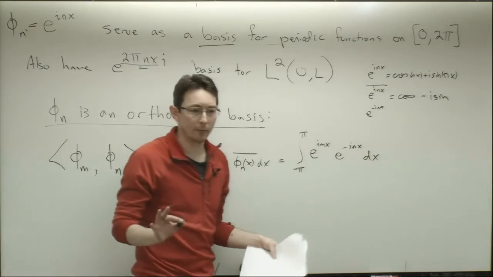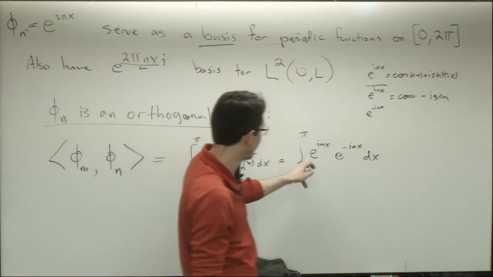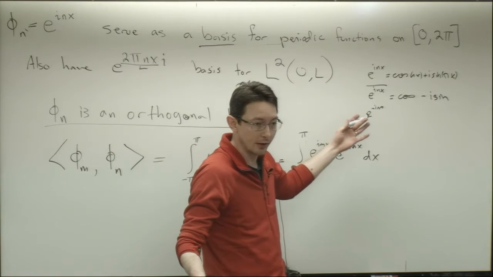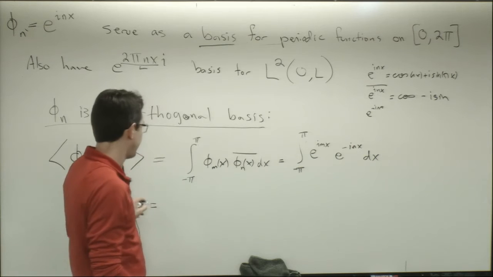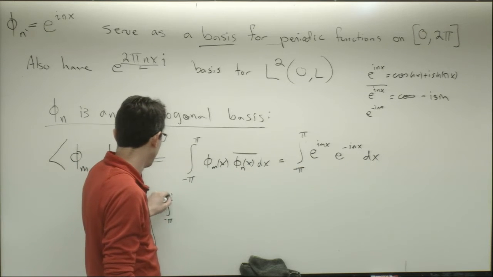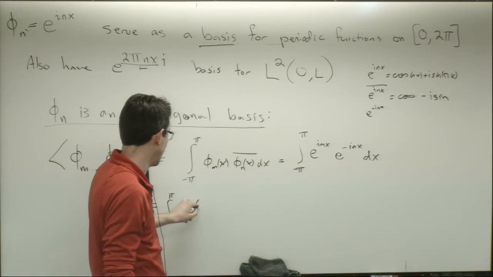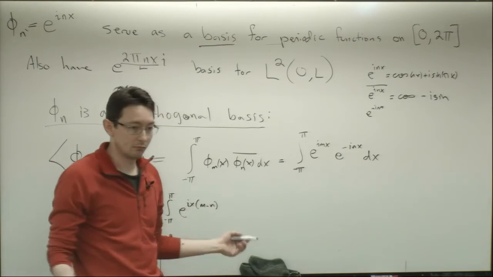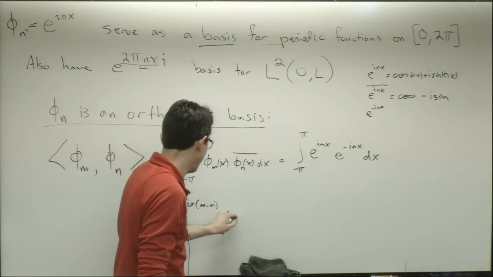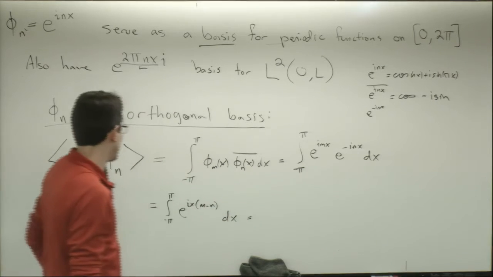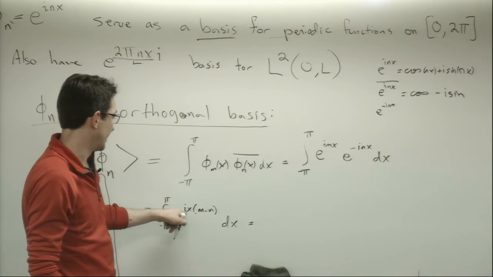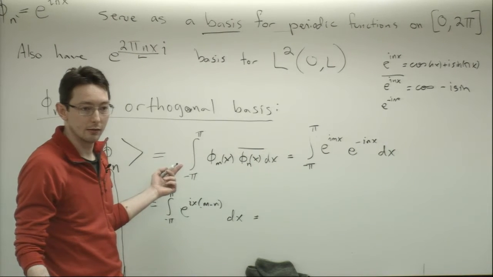This is actually really simple calculus. If I multiply these two functions, I know how to multiply exponential functions. I get e to the i x times m minus n. I'm integrating this with respect to x. And so this is basically a constant times x in the exponential.